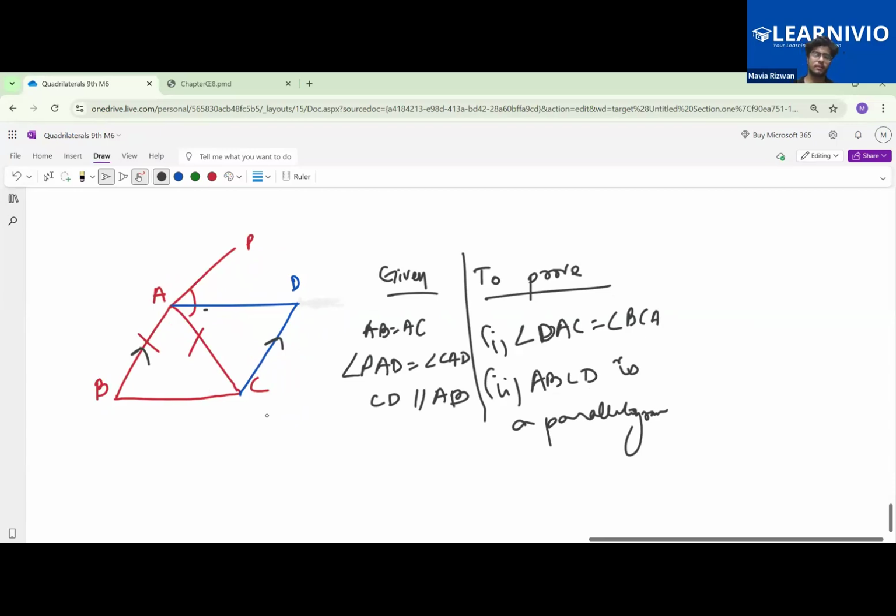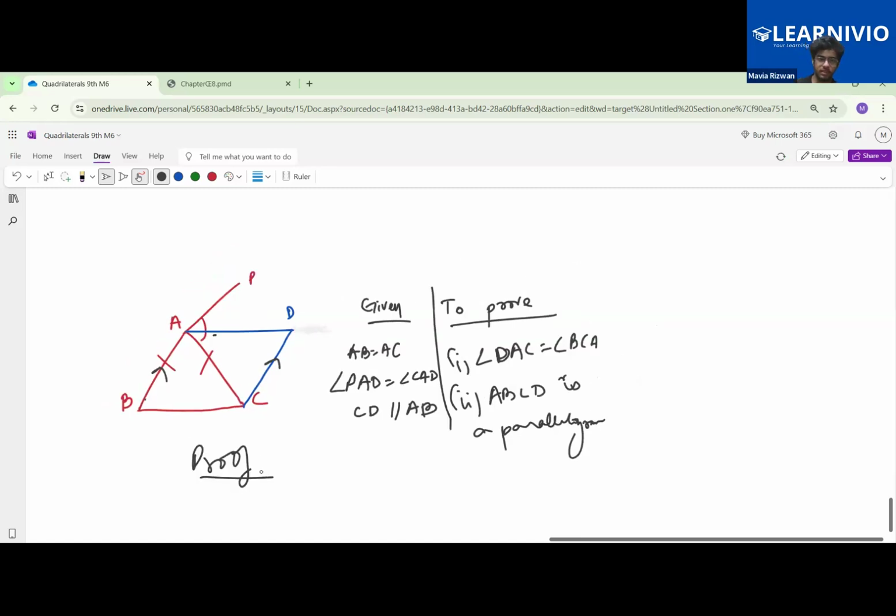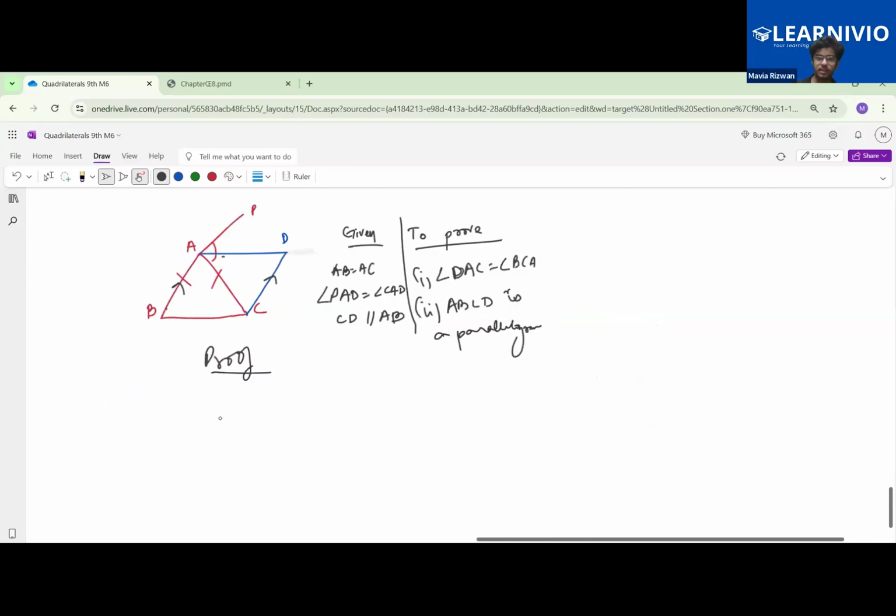I know that if AB is equal to AC, then angle ABC would be equal to angle ACB, right?